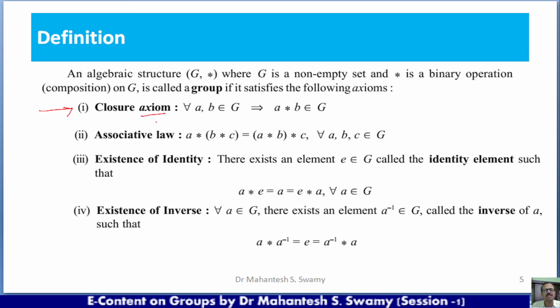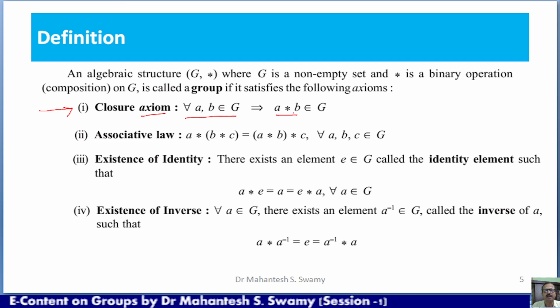An axiom is also called a law. So closure property or closure law. What it tells, we have already seen. If you consider any two elements of the set G, their binary combination, that is A star B, under the binary operation, should also be an element of the given set G. If it is so, then we say that the closure axiom is satisfied.